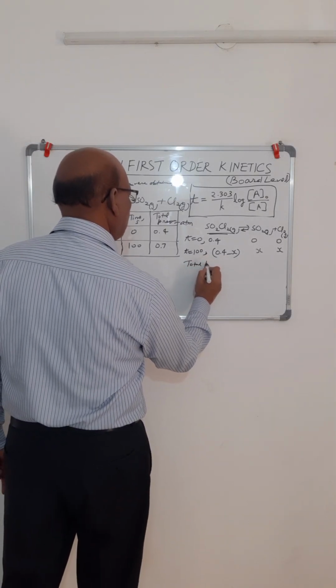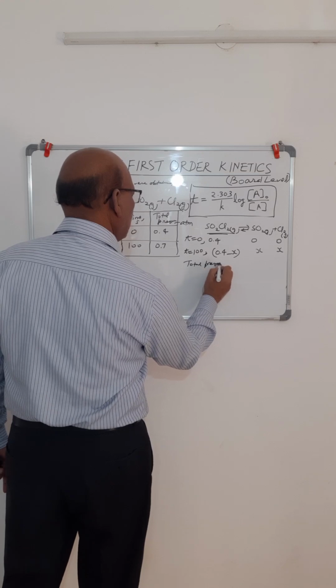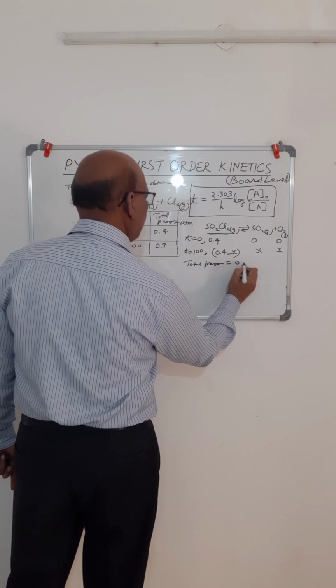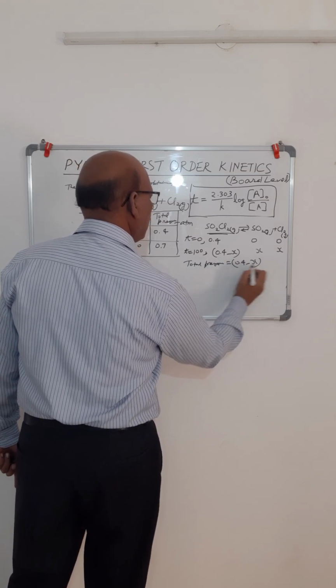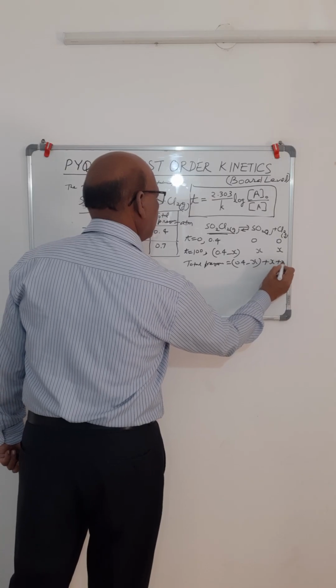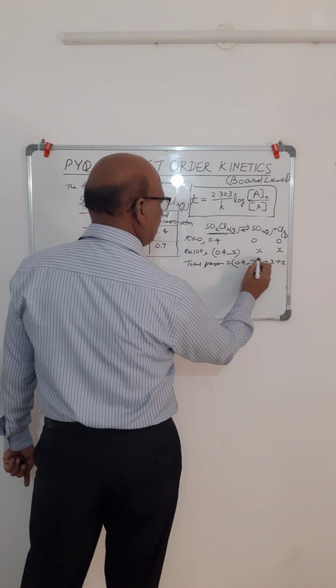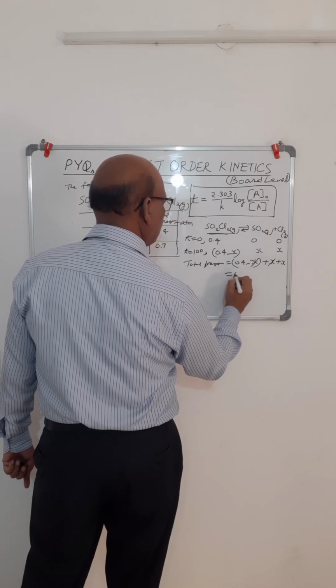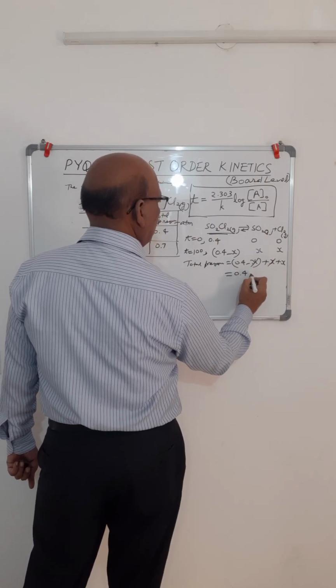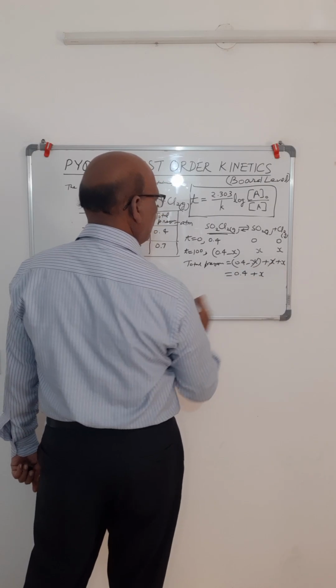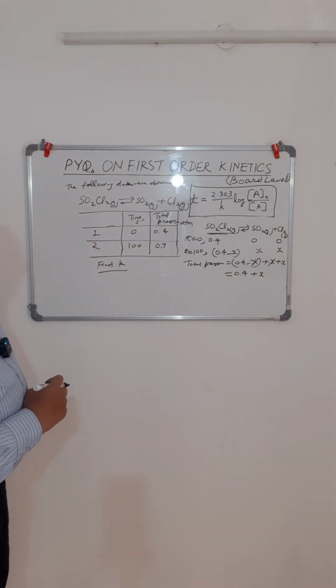Total pressure will be 0.4 minus x plus x plus x. So this is the total pressure. x will be cancelled out, so this will be 0.4 plus x. Is it clear?